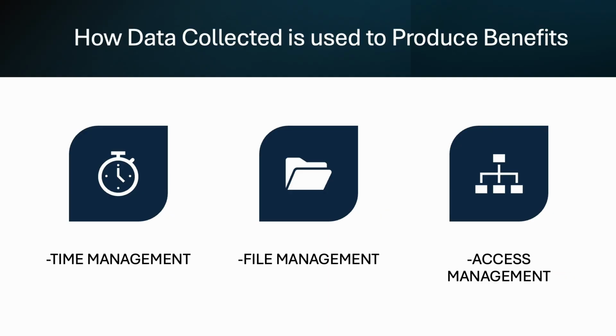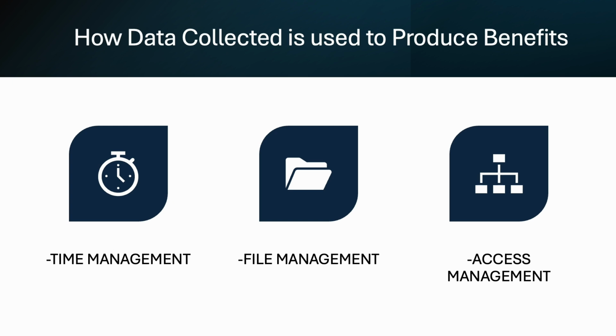How data collected is used to produce benefits. The data our intruder alert system collects is key to improving both security and operational efficiency. This data includes login attempts, user activity, and access logs. By analyzing these points, the system helps identify unusual behaviors such as repeated failed login attempts or access from unexpected locations, which might signal potential security threats.